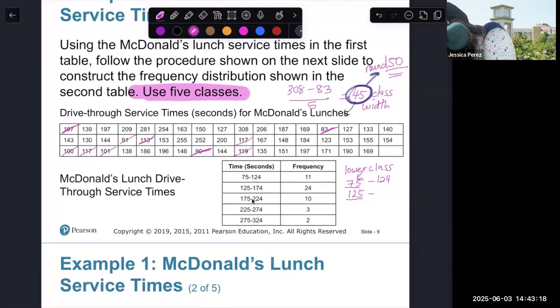And then I'm missing one. Up to 124, I see 1, 2, 3, 4, 5, 6, 7, 8, 9. And then I should have another one that I don't see perhaps.